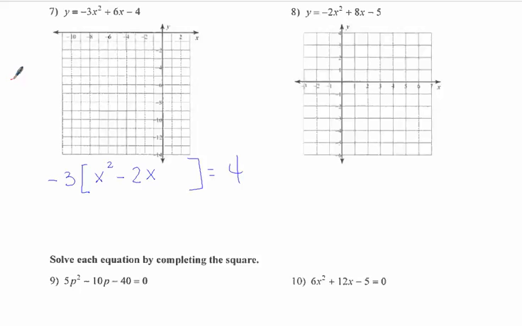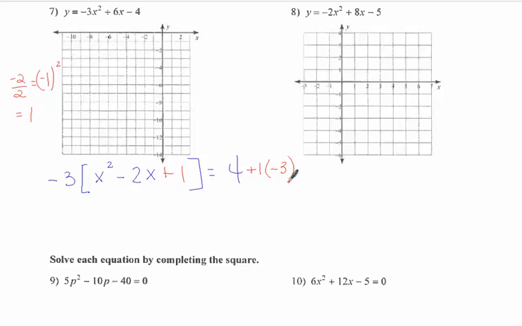Now I take -2. I divide by 2 and I get -1. I square it and I get +1. I'm going to add 1 here. But really, I'm not just adding 1, I'm adding 1 times -3.